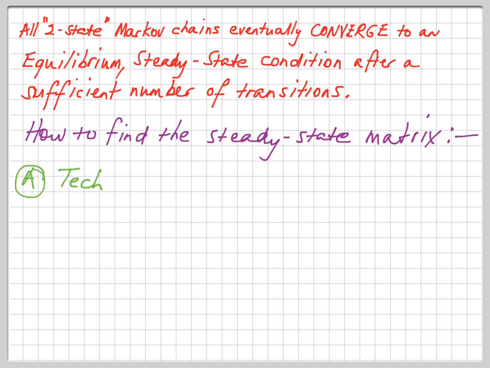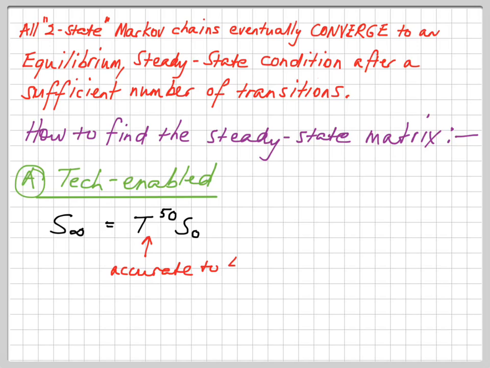If you have a tech-enabled exam and you know your transition matrix, what I'd be doing, guys, is I would just be going T to the 50 times the initial state matrix. That gets you to 4 decimal places, and it gets you there very quickly, okay? So that's the quick and dirty way to do it, guys, and very effective, okay?